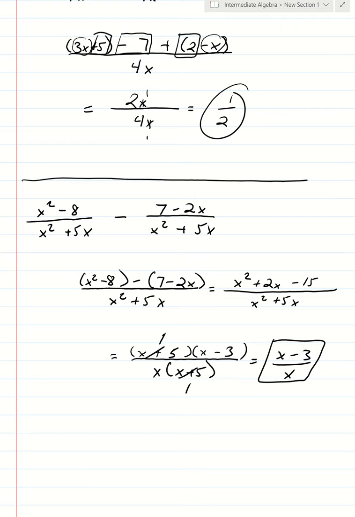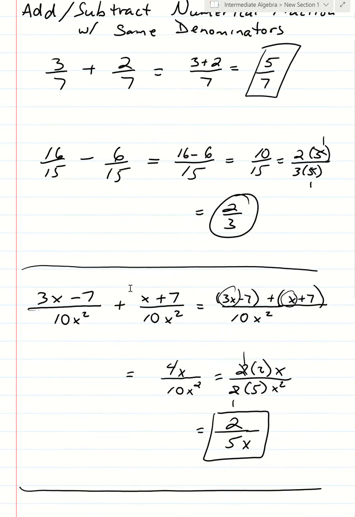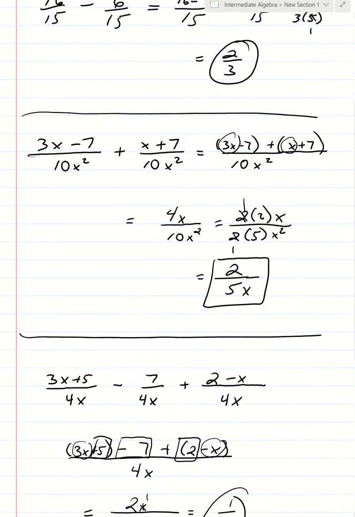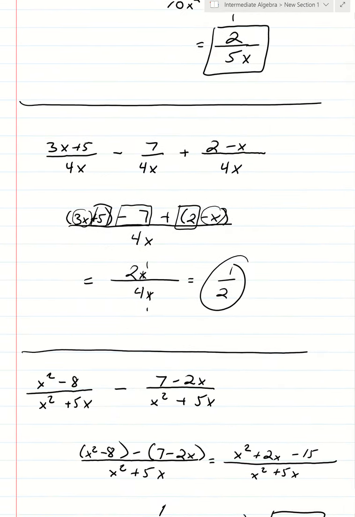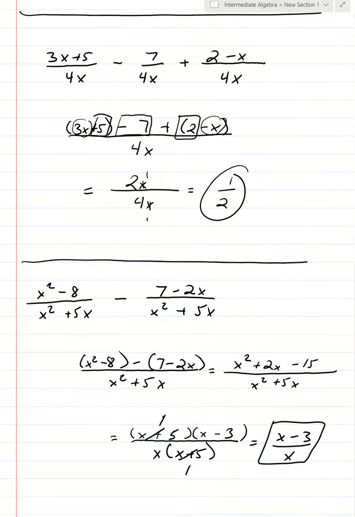Okay. Now, in all of these examples that we did, whether it be the very beginning ones, when we were dealing with numerical problems, or whether we were dealing with the rational expressions, they all had one thing in common: they all had the same denominator.